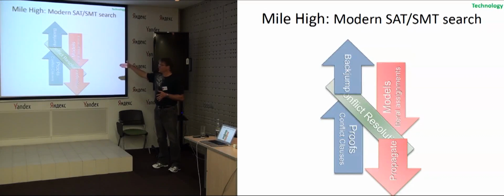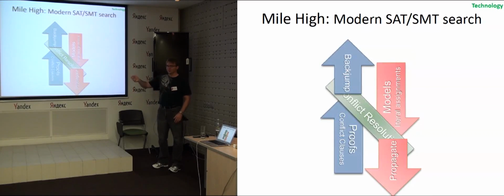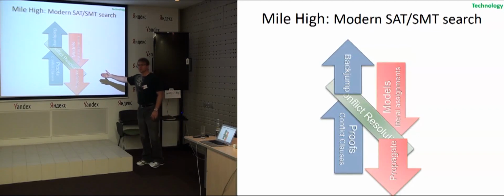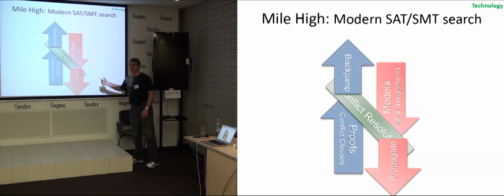So in between, when you can't extend your current model to a full model, there's a conflict resolution step, and that allows the proof procedure to do backjumping, to backtrack into a state where it has a chance of finding a model. On the other hand, if you have some partial proof, you can use that to prune the search for models.